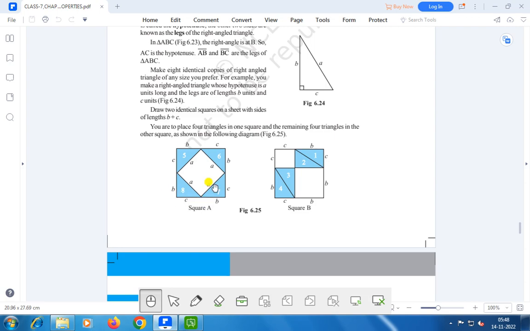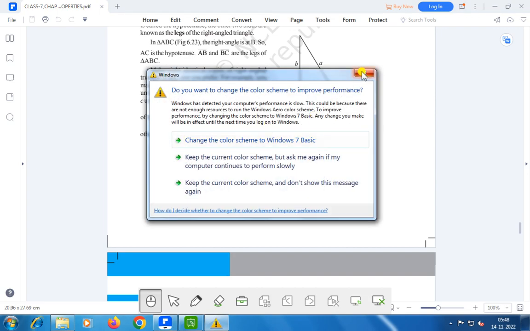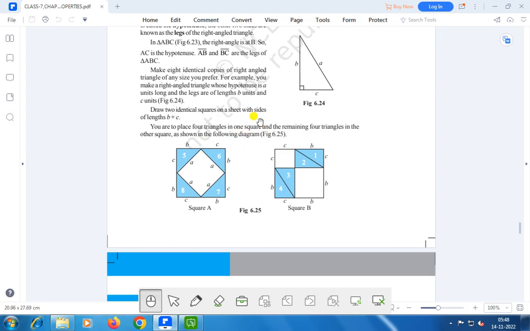This side is B plus C, this side is B plus C, this side is B plus C, this side is also B plus C. You have to place 4 triangles in one square and the remaining 4 triangles in the other, as shown in the following diagram. In this way, the 4 triangles will be here 1, 2, 3, 4, right? And here also 1, 2, 3, 4, right?